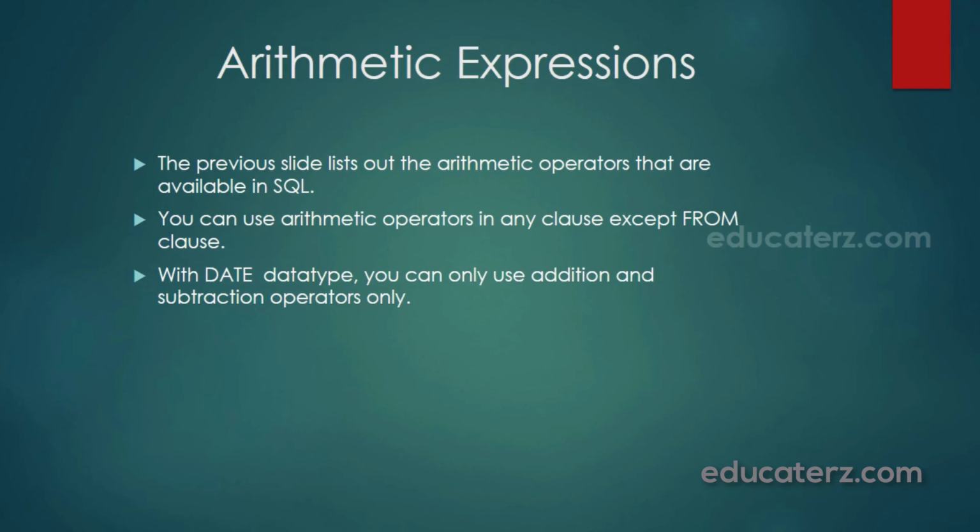These are available in ANSI SQL. You can use arithmetic operators in any clause except the FROM clause. If you are using date data types in an expression, you can only use addition and subtraction operators.